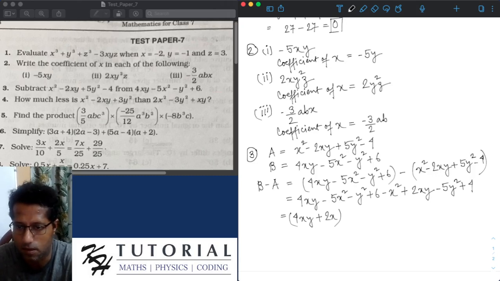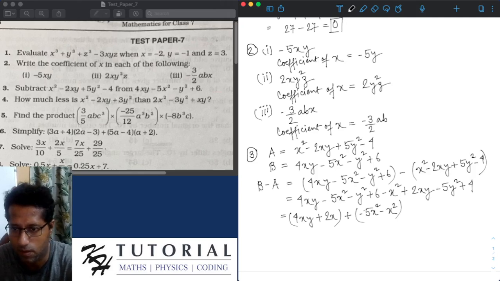Then let's group together the like terms having literal coefficient x square. So we have the terms minus 5x square and minus x square. Now let's group the terms with the literal coefficient y square.